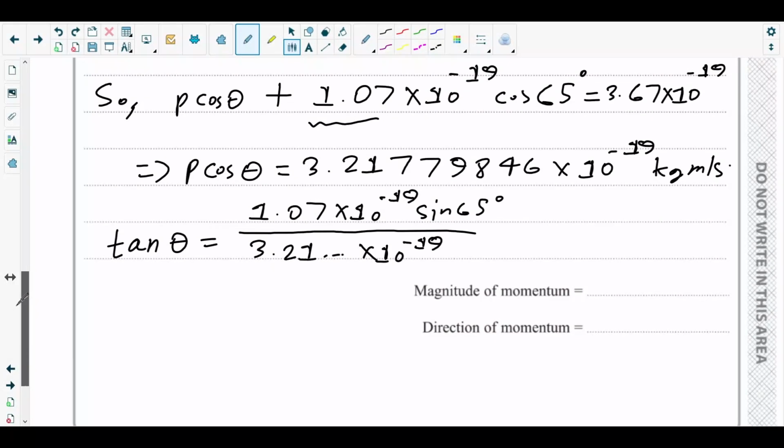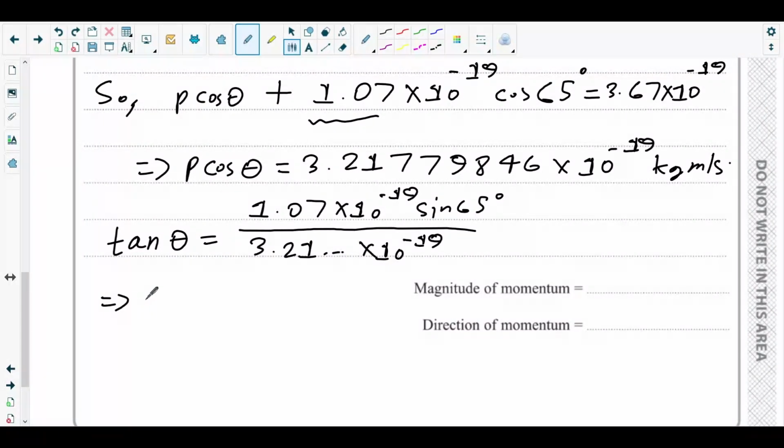So to get the value for theta, let's calculate it: 1.07 times 10 to the power negative 19 sin 65 over 3.21.